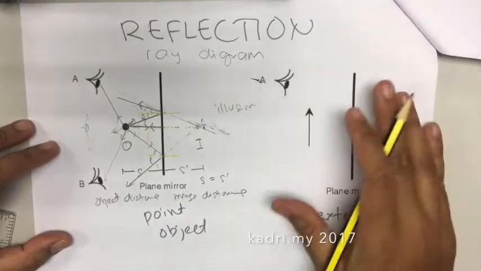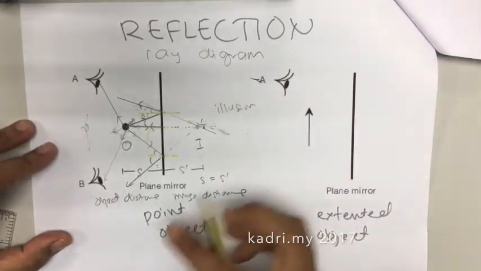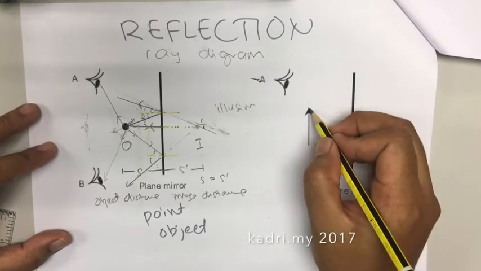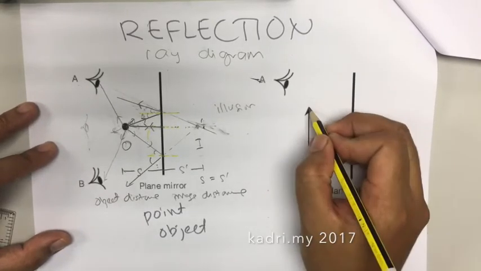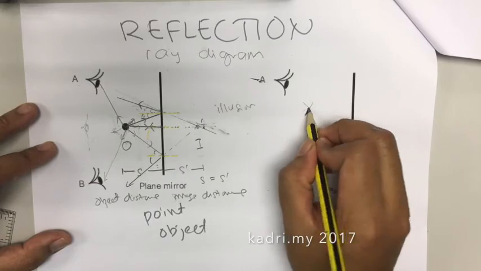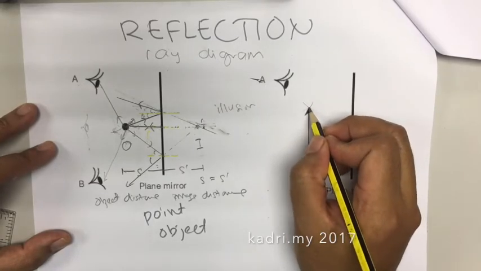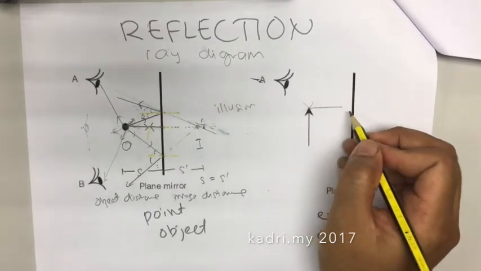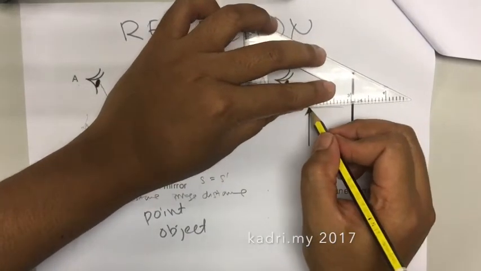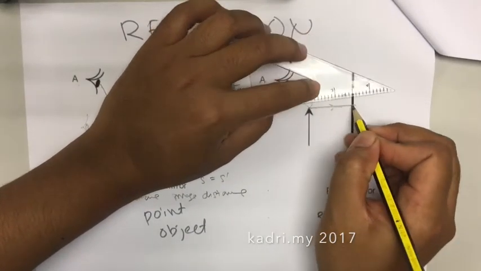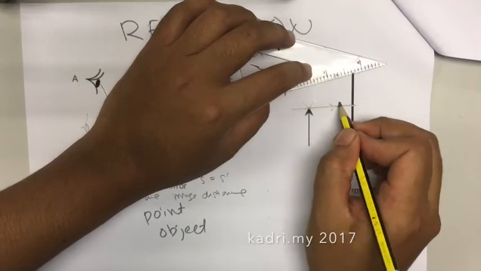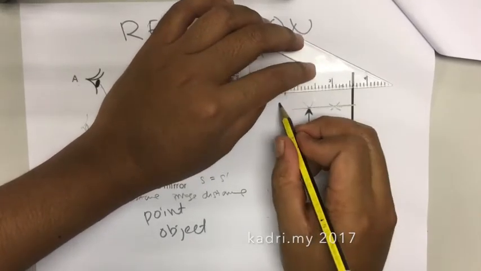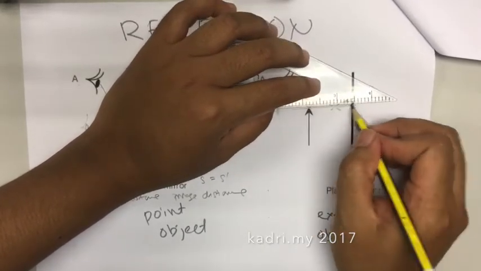Even though there are unlimited numbers of rays, we can represent that light as rays in all directions. So let's take one ray coming from here, going directly toward the mirror, and it will get reflected back. And someone sees it as light coming from behind.